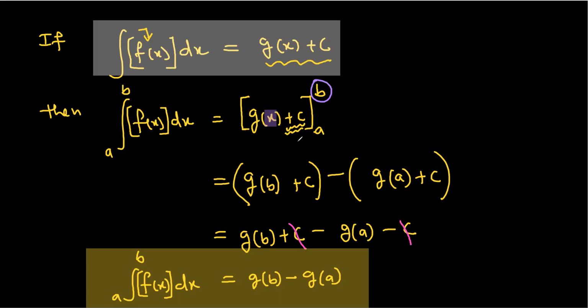Why? Because even if we add it, it is going to get cancelled finally. So we make a decision that we are not going to add the constant of integration when the integral is within an interval. That is, if I notice that it is a definite integral, I will not add the constant of integration. Let's have an example here.